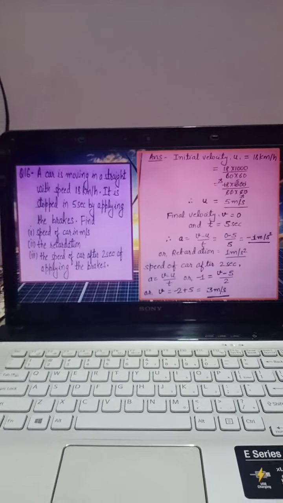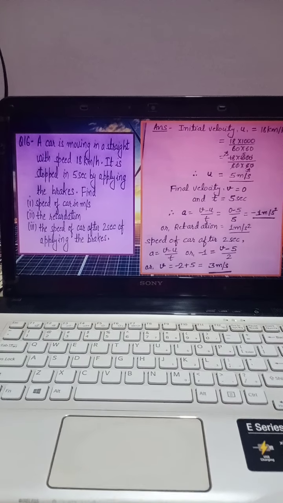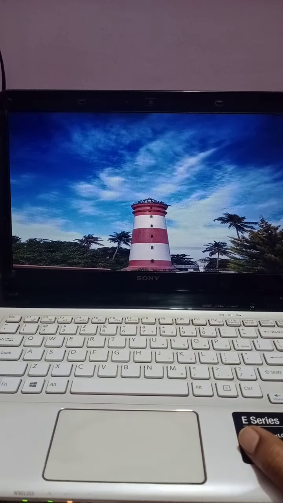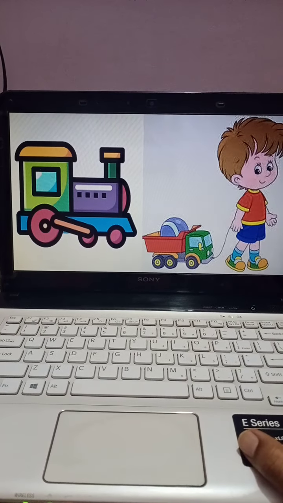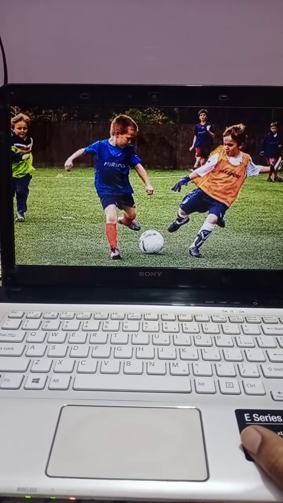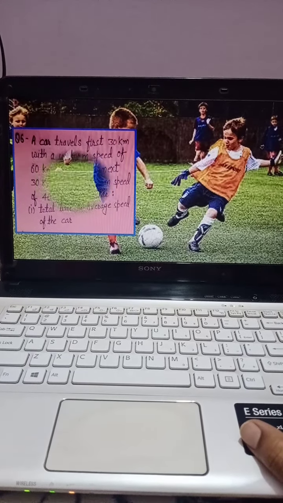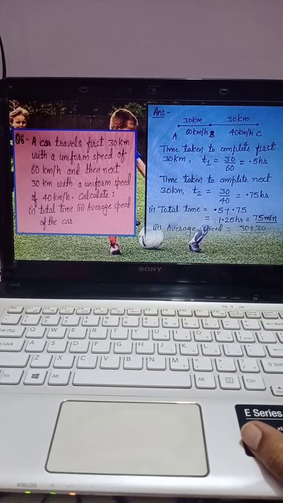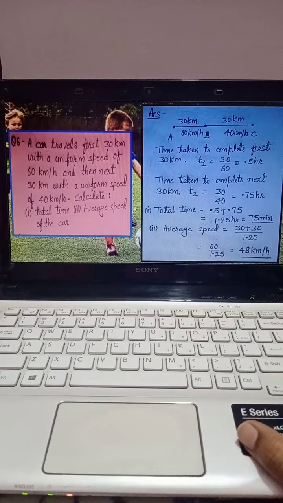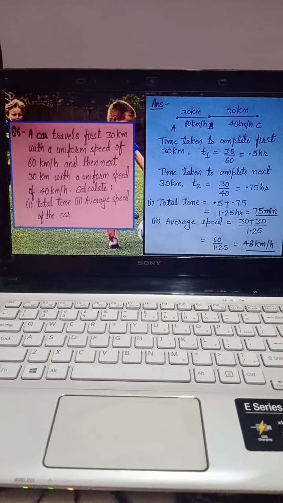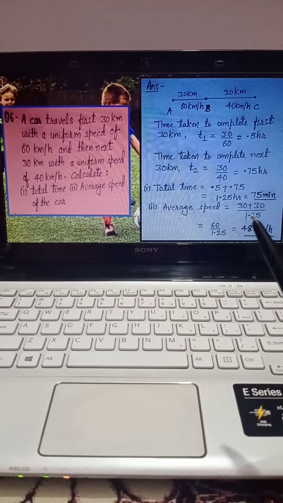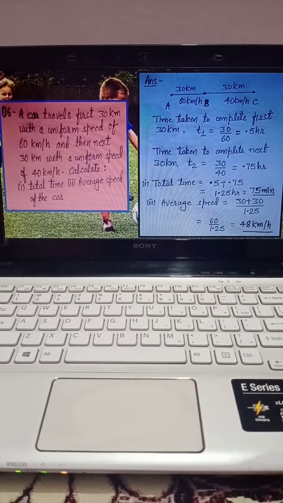So under all these numericals, what have we seen? In the first numerical we have found out the average speed of a car by using the formula total distance by total time.